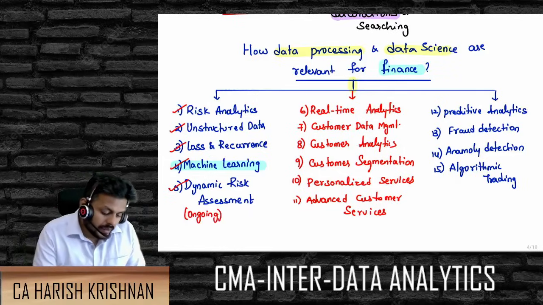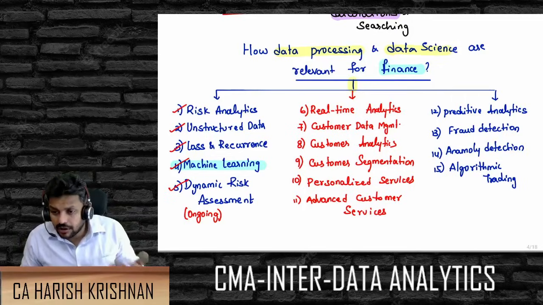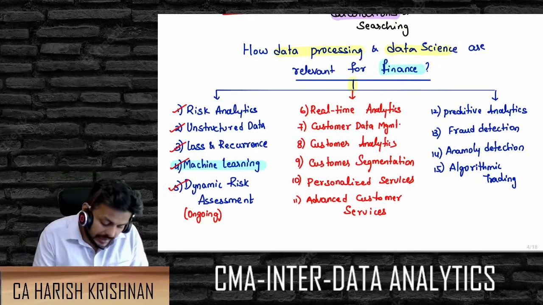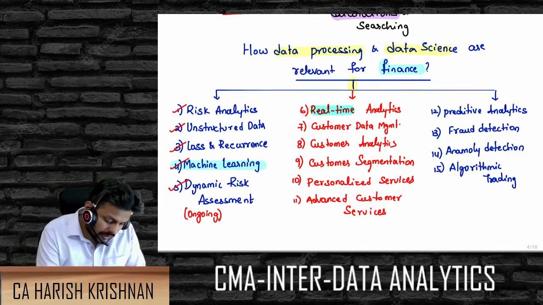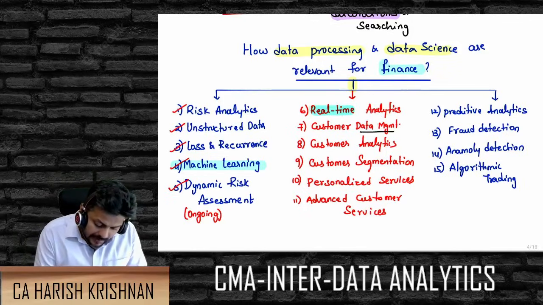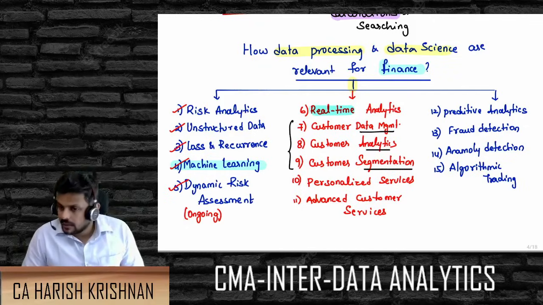Then when data changes, data dashboards and data processing also get updated. If you are using data processing in real time, then we can as well do what is called customer data management, customer analytics, customer segmentation. 3 points about the customer data. You can manage customers.